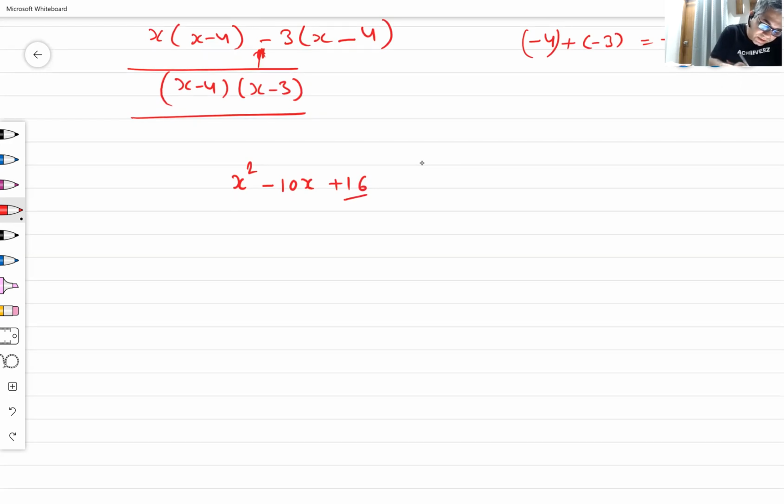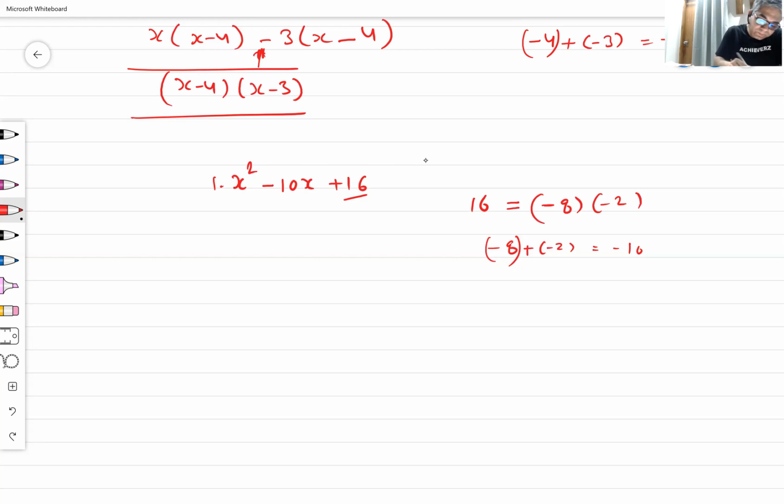So this is 16 and 1. So 16, and I can factor it as minus 8 into minus 2. Who else has given me the answer? Yes, Anya. Yeah, very good. And so minus 8 plus minus 2 gives me minus 10.